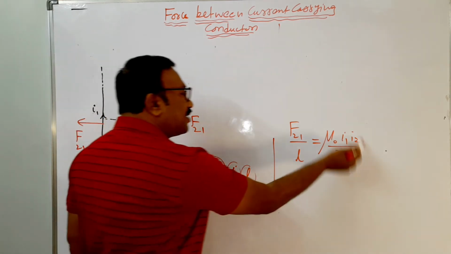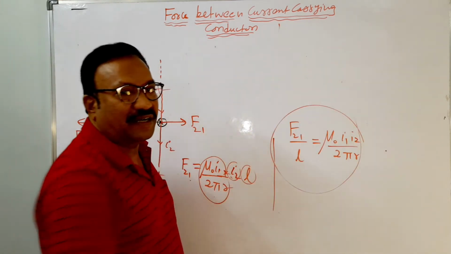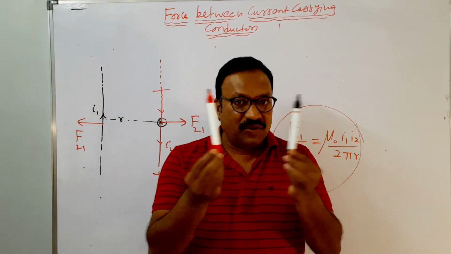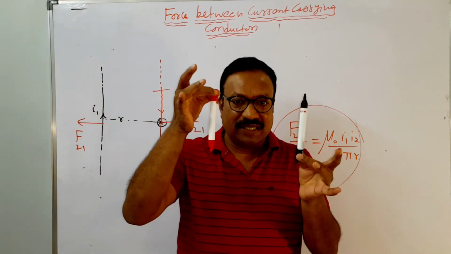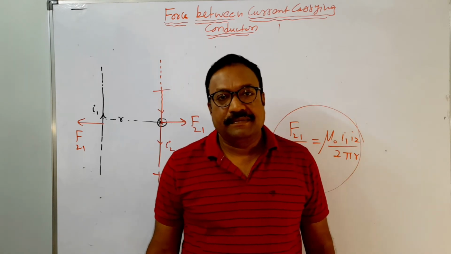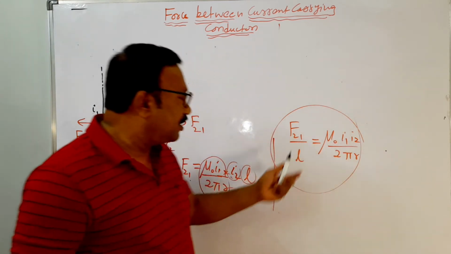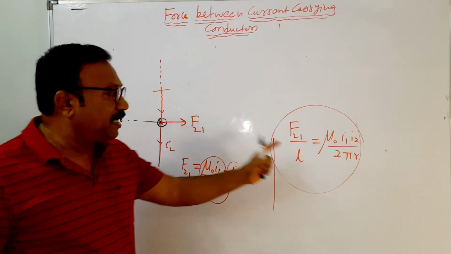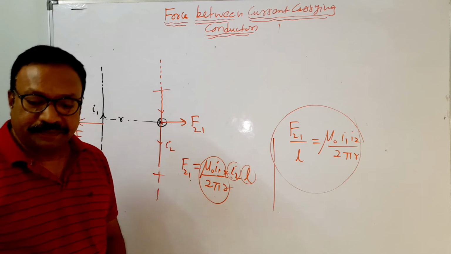So the force of attraction or repulsion can be calculated by this. If currents are in the same direction, they are found to be attracting. If currents are in reverse directions, they are found to be repelling each other. So this is an expression that you have to remember. Force per unit length can be calculated by this relation.